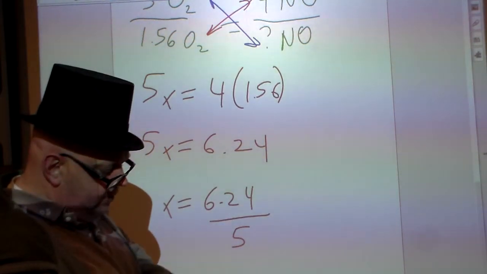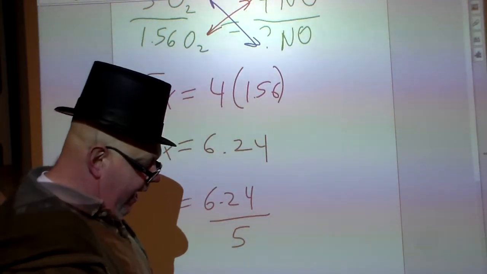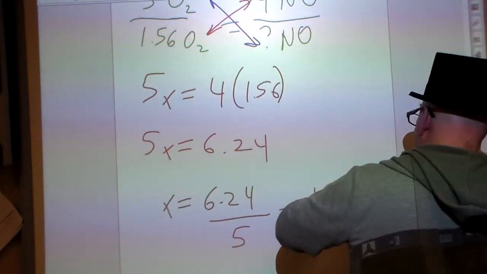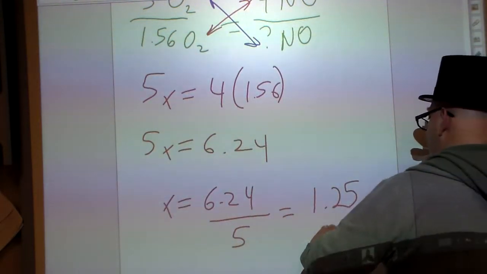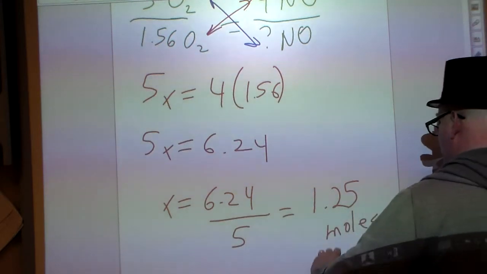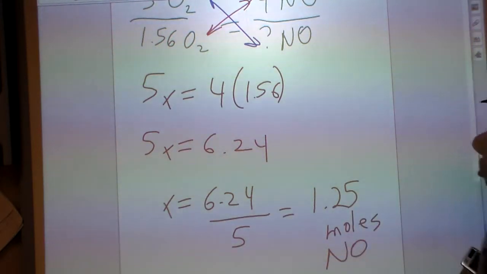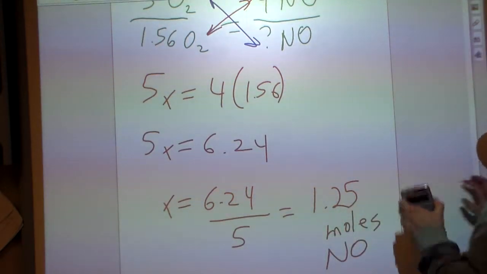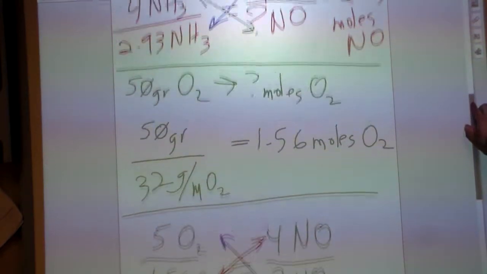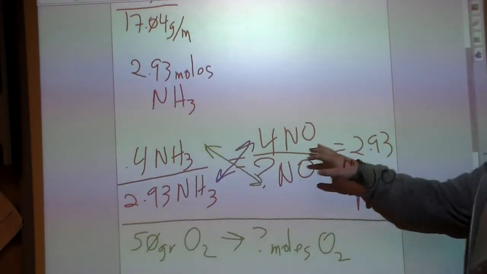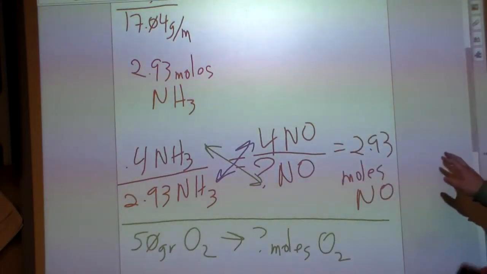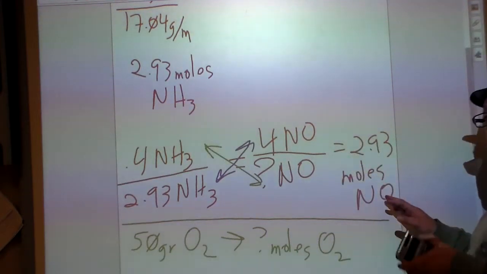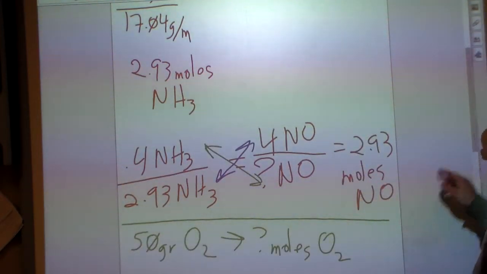Okay, 6.24 divided by 5 equals, and that is going to get us 1.25, I'm rounding up, moles of NO are made. So that would be a big deal, because let's see what we have here. We figured out that with the hydrogen, with the ammonia, burning it up, assuming oxygen's in excess, we get 2.93 moles of NO are made.